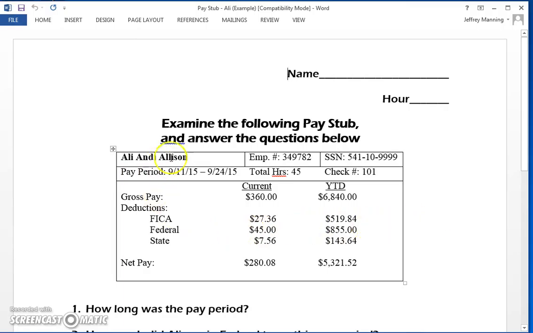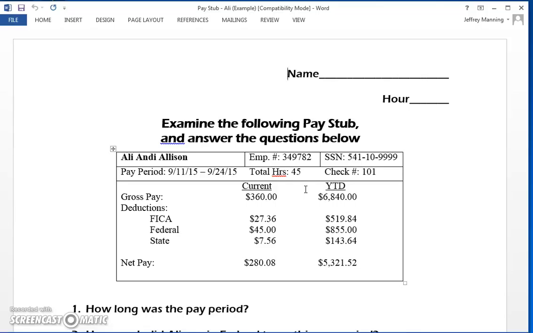This information right up here is just kind of an idea of what a pay stub or a paycheck would look like. Now, if you already have a job, you probably know what a pay stub or paycheck looks like. If you have never worked before, then you don't know. But basically what happens is when you get paid, your employer is required to give you some sort of paycheck or pay stub.